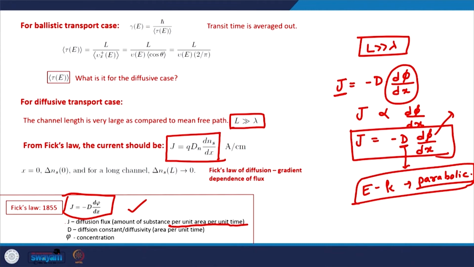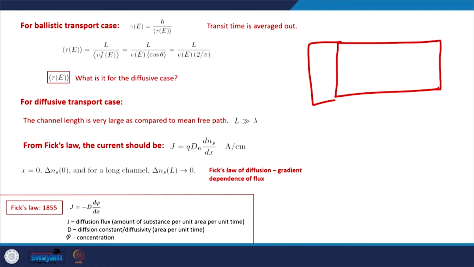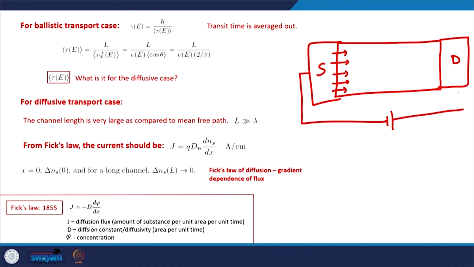Okay. Now, the situation that we have at hand is a two-dimensional channel. We have a source contact and a drain contact. The source is injecting a lot of electrons because, let us say, we have applied a voltage across the device, the drain is at the high voltage and the source is at the low voltage.